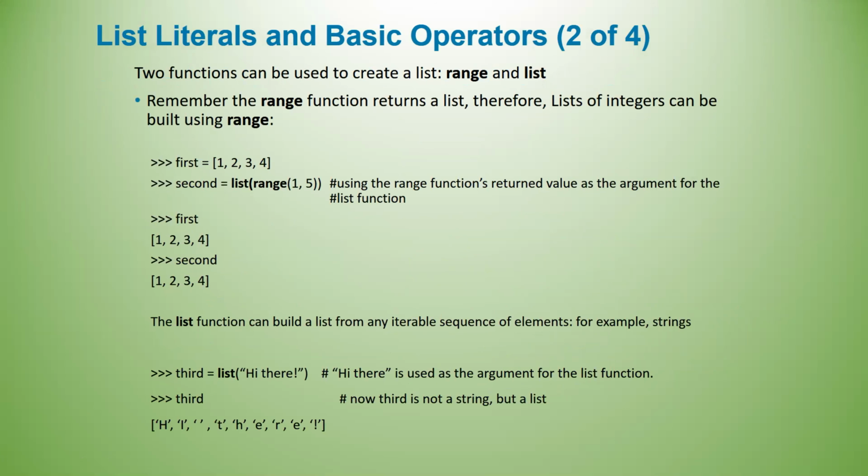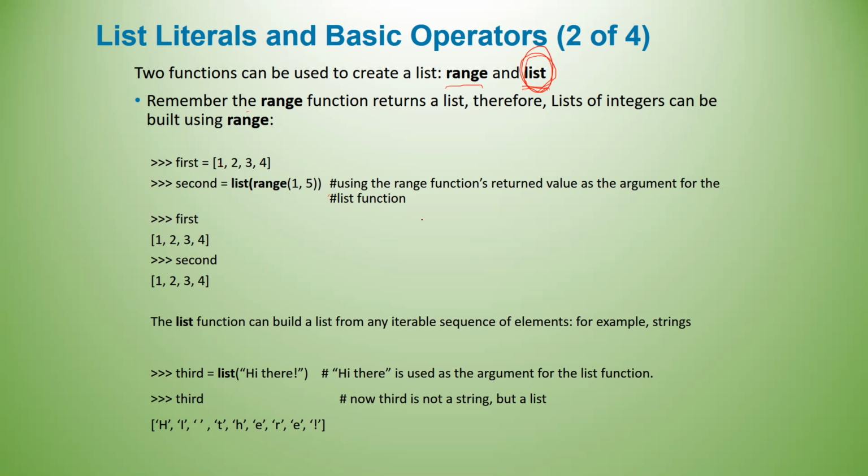So 2 functions can be used to create a list: one is range, one is list. When we talk about list, we use it as a noun, but it's also a function name. It also is a behavior, that means you create a list. So let's see how we do that. Remember that the range function returns a list.